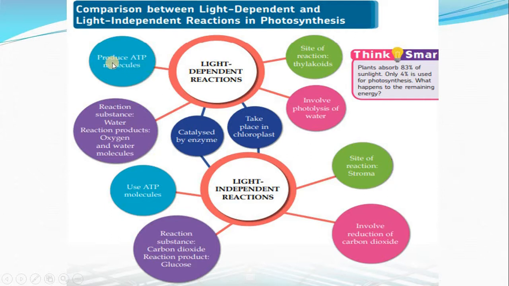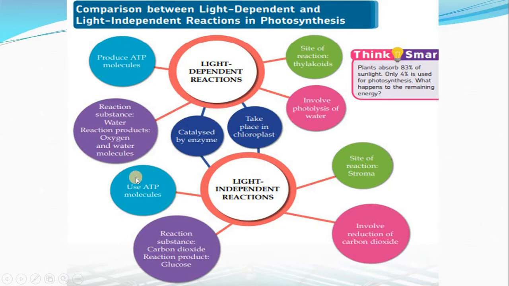Last one. The light dependent reaction produces ATP. How is ATP produced? When the electrons go through a series of electron carriers, it produces ATP.